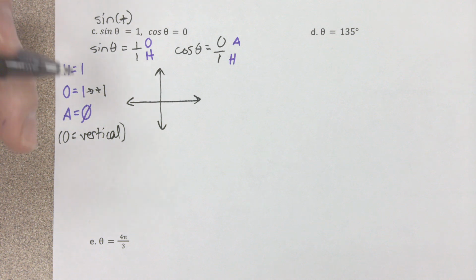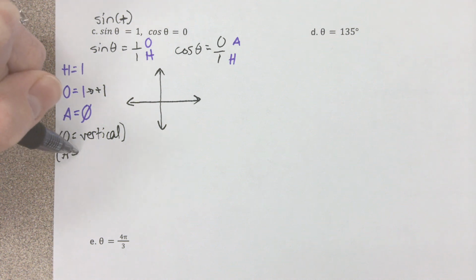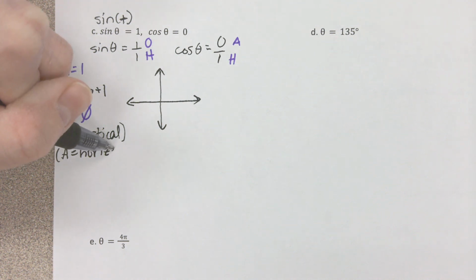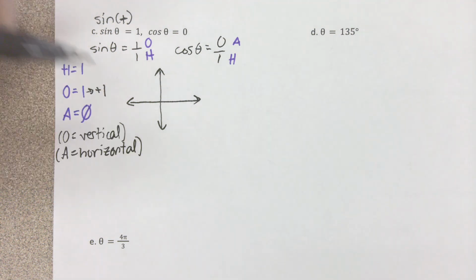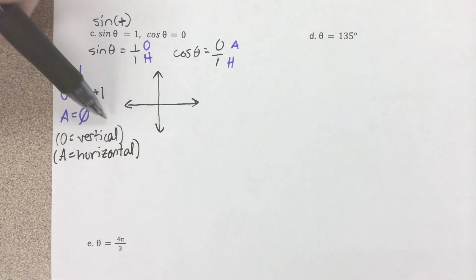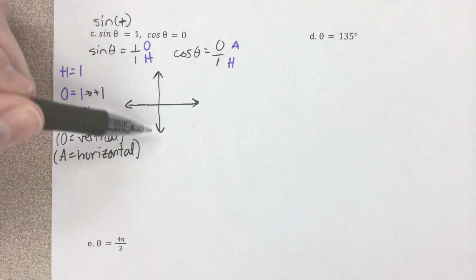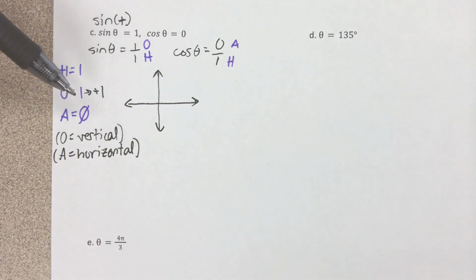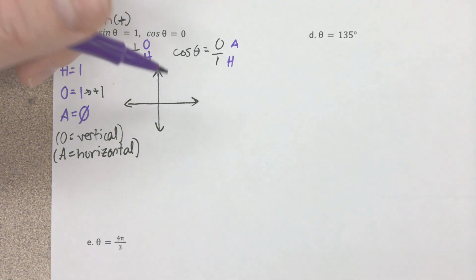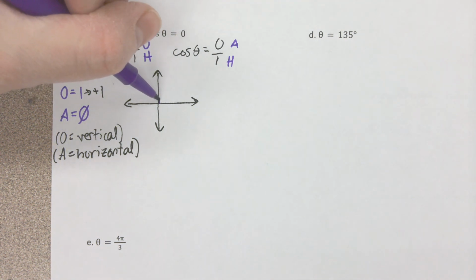And since A is 0, and again A is the horizontal, this means we have no horizontal side. So we're not on the x-axis, we're on the y-axis. Since we have a vertical and it's the positive vertical, we're graphing the top part of the y-axis.